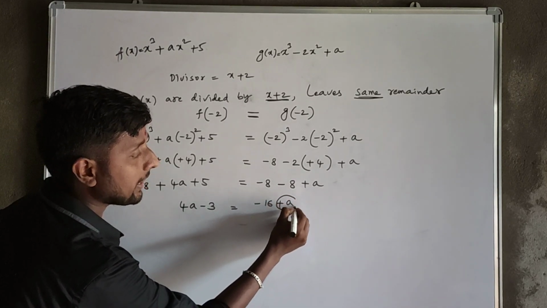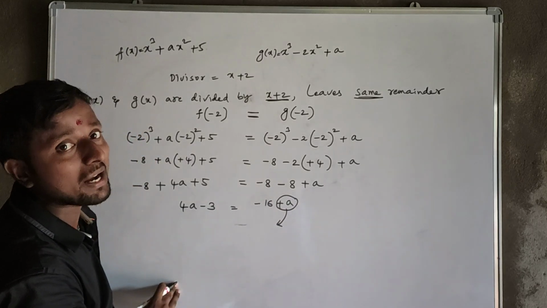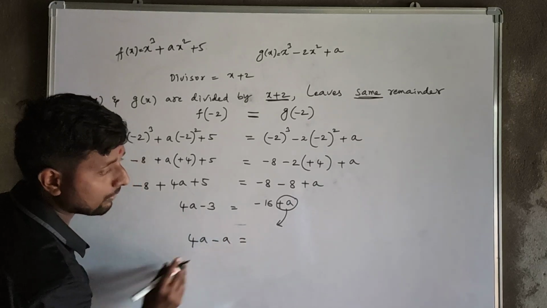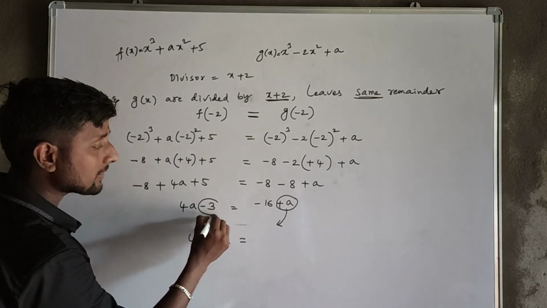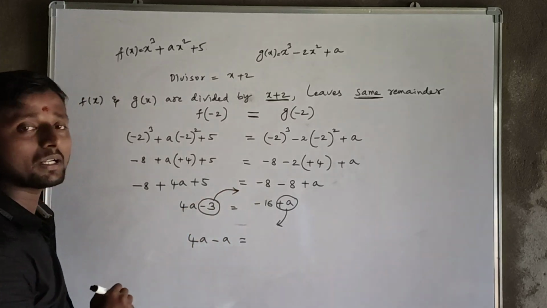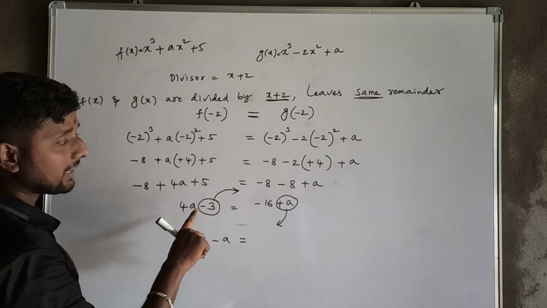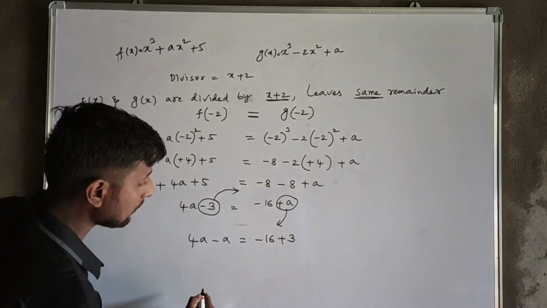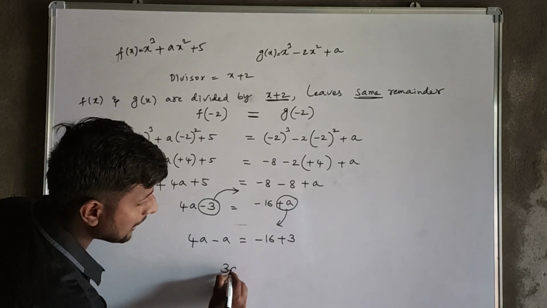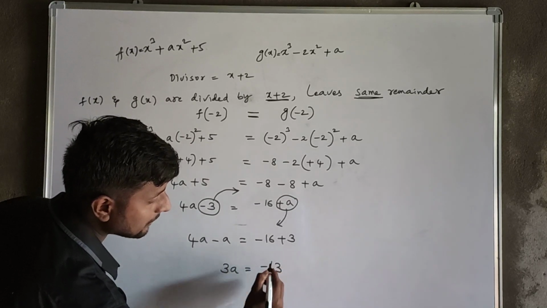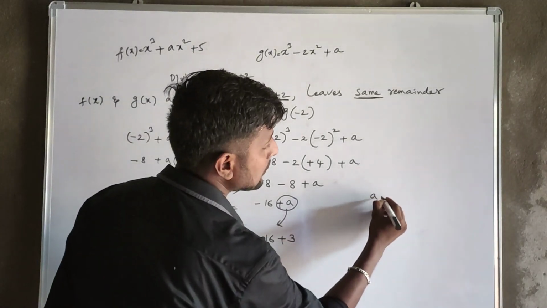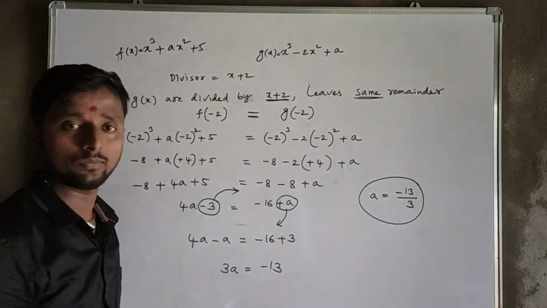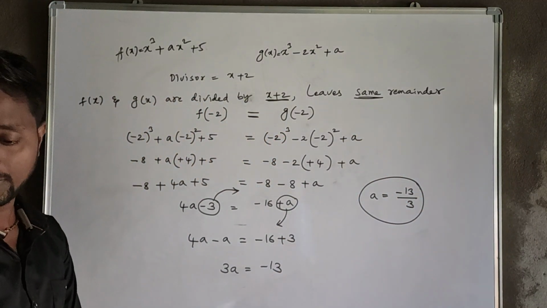So it is plus a; when it comes to the LHS side, it will become minus a. So here I can write 4a minus a is equal to, look here, minus 3. When it comes to the RHS side, it will take the opposite sign. Correct? So minus 3 will become plus 3. So 16 plus 3. Next, 4a minus a is 3a. The answer is minus 13. a is equal to minus 13 by 3. Minus 13 by 3. Correct?